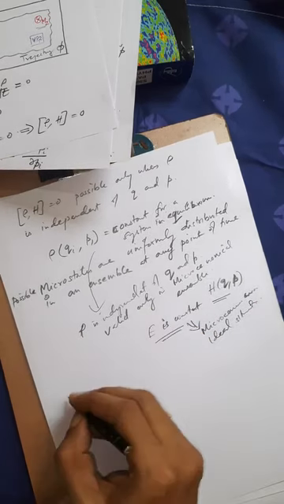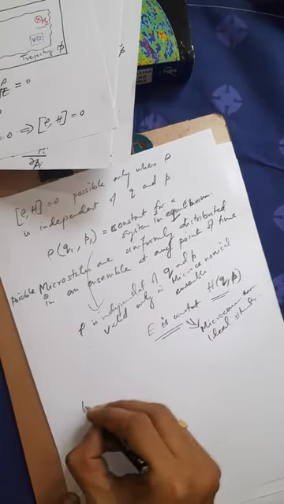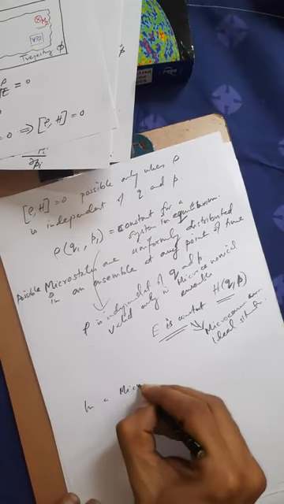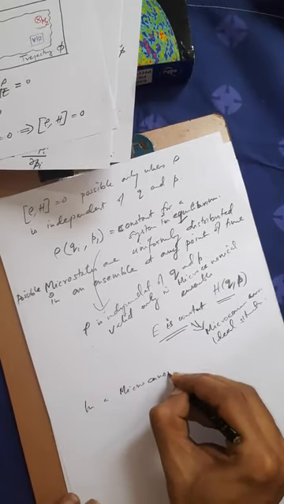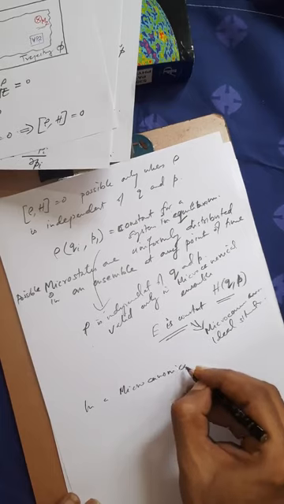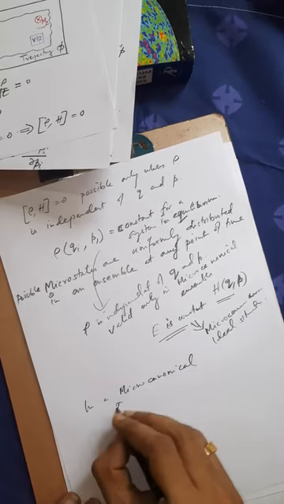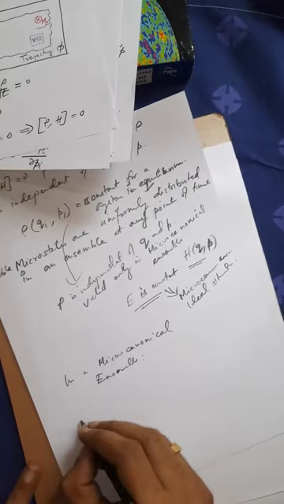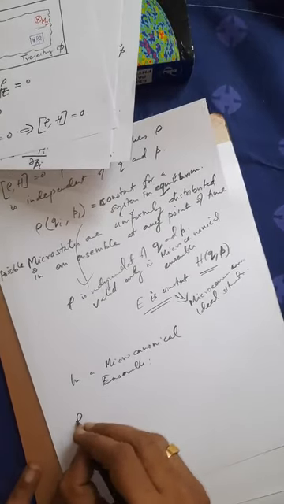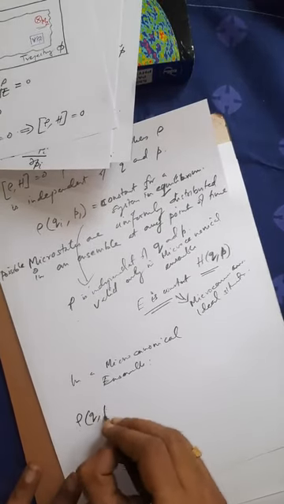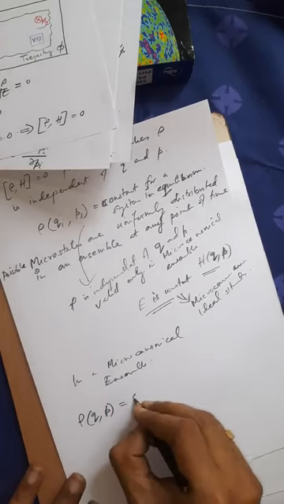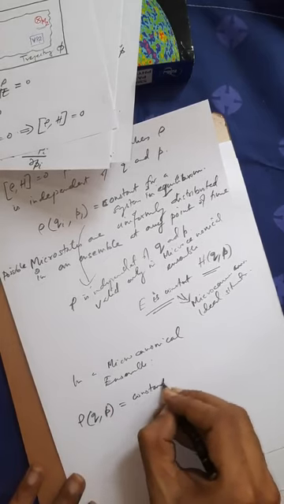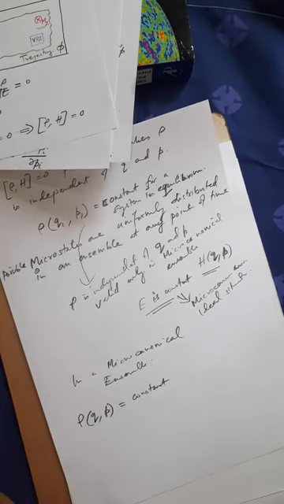So in a microcanonical ensemble, I have what? Rho of QP is equal to a constant. This is just what we wrote above, right?